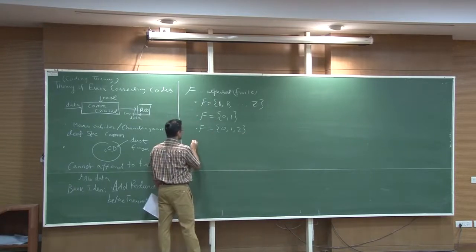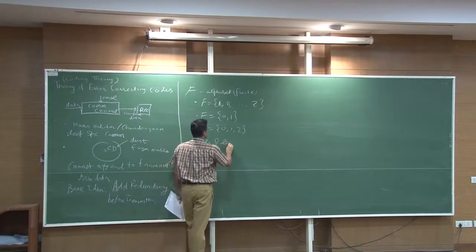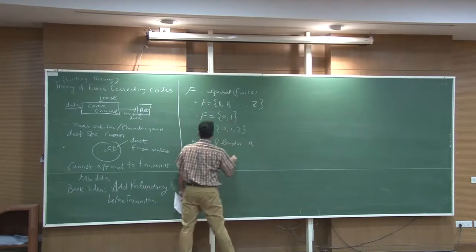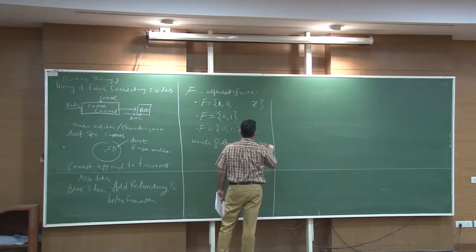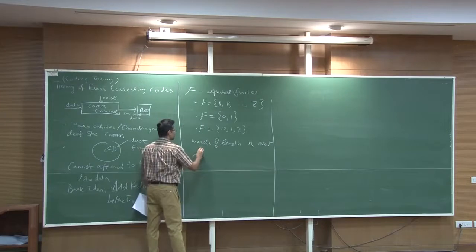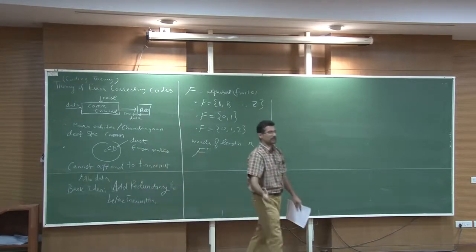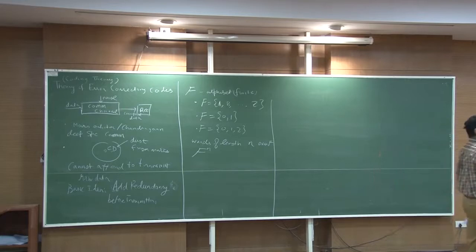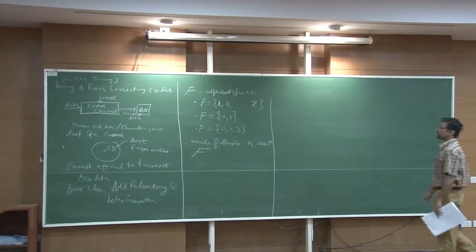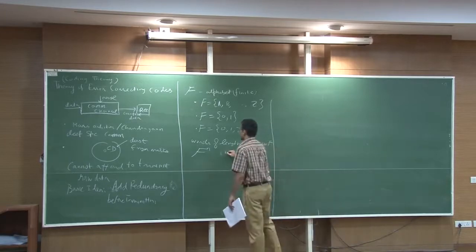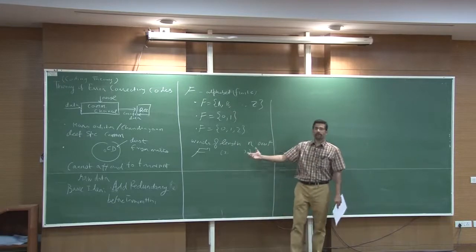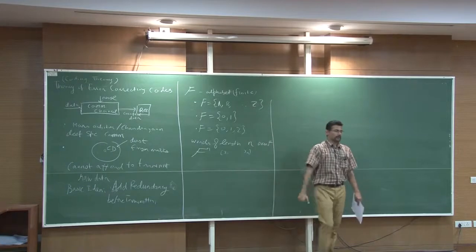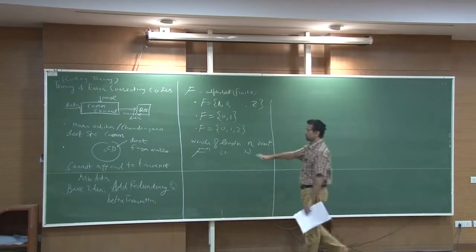And what you're transmitting is words of length n over F. What do I mean? Simply elements of F to the n, the Cartesian product of F with itself n times. What does an element of this Cartesian product look like? Just an n-tuple x1 up to xn, where each xi is, for example, a letter from your uppercase alphabet. So this is our space.